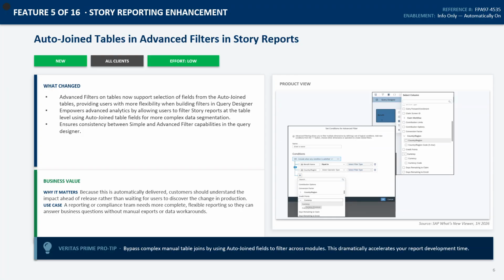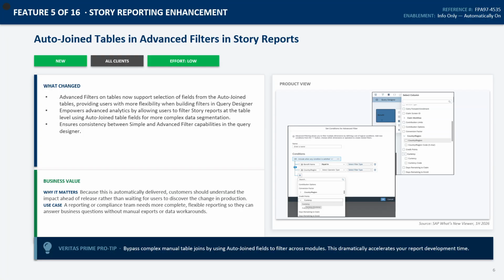This next feature is regarding the auto-joined tables being available as filters now in story reports. You might know that previously, if you're building out a story report, you'll see a list of data that's available, and they're actually coming in from other tables that are not connected yet in your story.